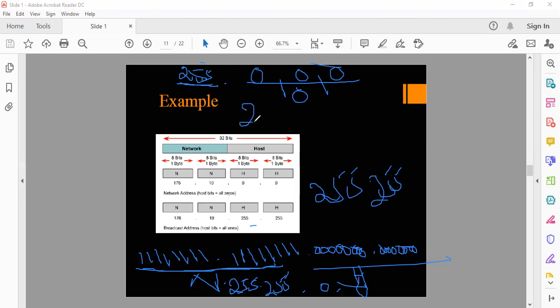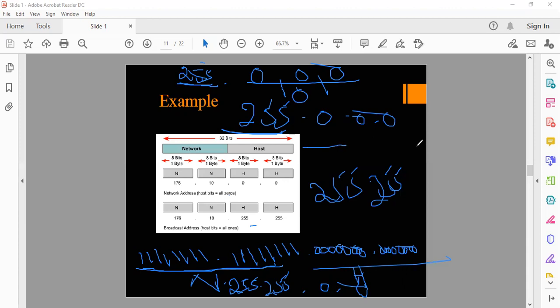So the subnet mask of class A IP addressing will be 255.0.0.0. If they give only the subnet mask to you, you will judge that only one octet is reserved for network addressing. That's why it is class A IP addressing.